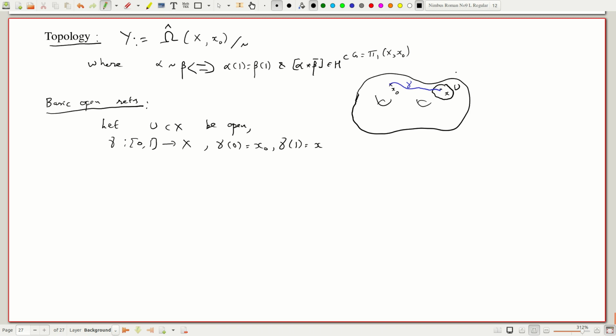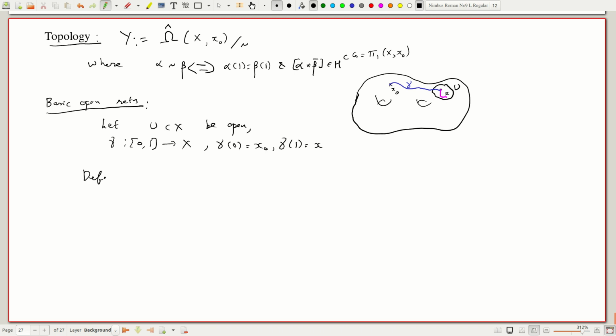So what is the topology here? We look at all little paths over here which are contained completely in U and say that those paths are all in an open set around the original path gamma, or rather gamma followed by constant. But we don't want it on paths, we want it on equivalence classes of paths. If you literally did this on paths, this would be quite badly behaved.